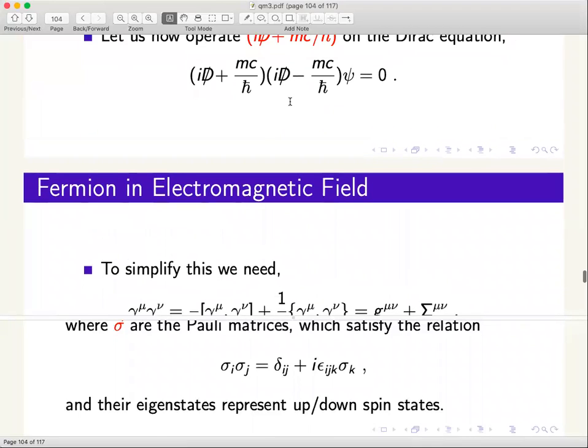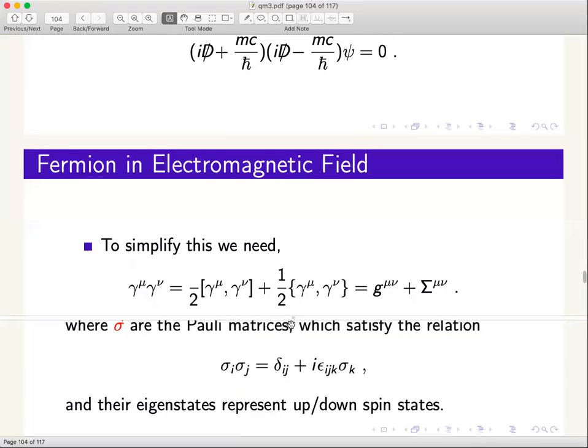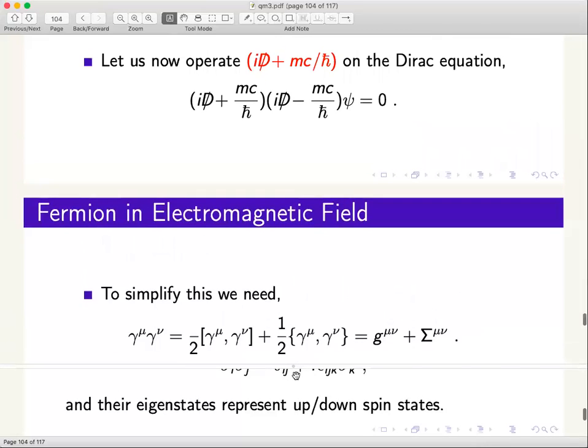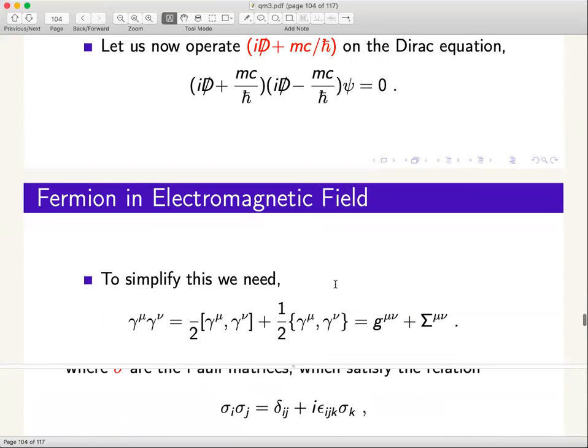Are you with me? Let me say it once again. Now we see both the equations on the screen. I want to write the d slash square piece as gamma mu times gamma nu times d mu times d nu.